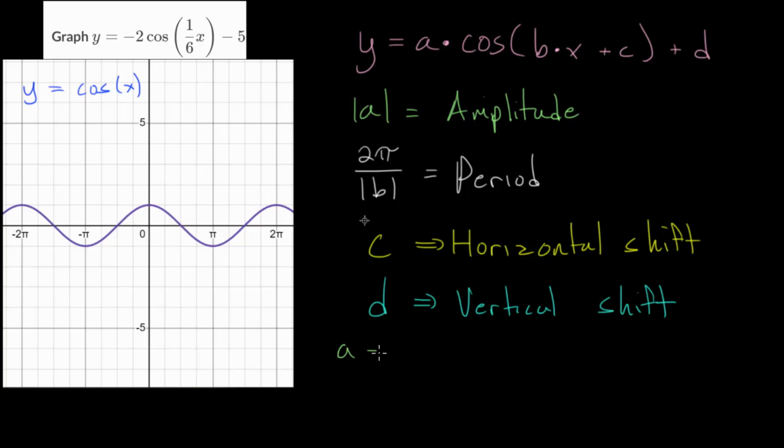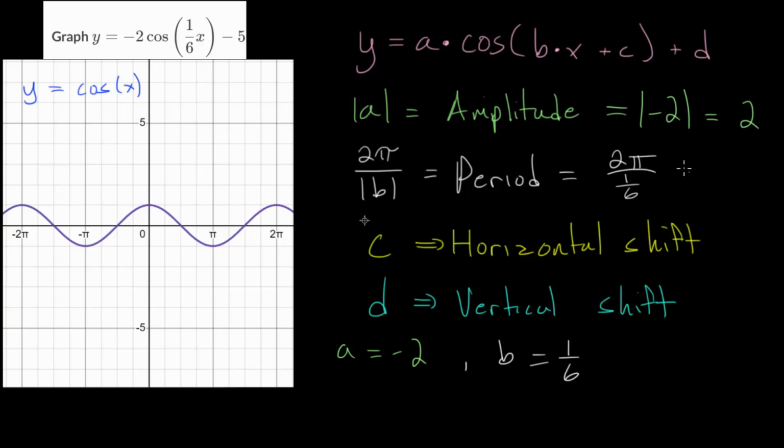We can see that A is -2, meaning that the amplitude in this case would be the absolute value of -2, which is +2. Then we can look at B, which is the number multiplied by x, and in this case is 1/6, meaning that our period is 2 pi over the absolute value of 1/6, which is still 1/6.